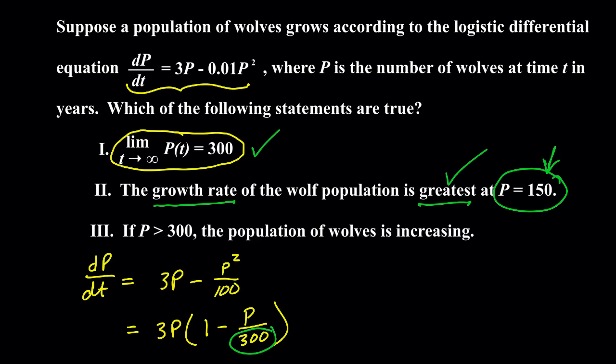So if somebody puts 500 wolves into a region, but that region can only sustain 300 wolves, then your population would not increase, it would actually decrease due to lack of enough food or resources for the wolves. So it would be decreasing if the population was greater than 300. So 1 and 2 would be your only true statements out of this.